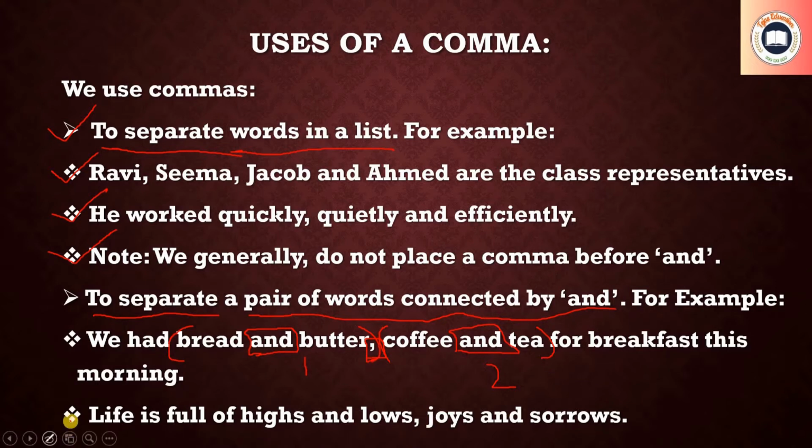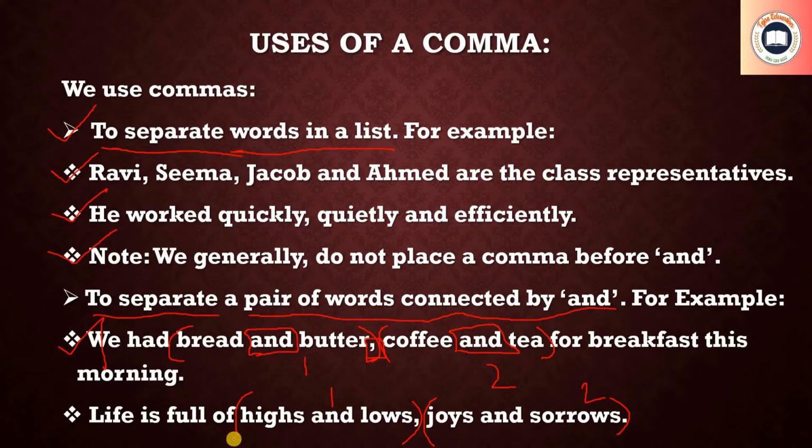Like that, if we see the next sentence, life is full of highs and lows, joys and sorrows. Highs and lows is one pair, and joys and sorrows is another pair.